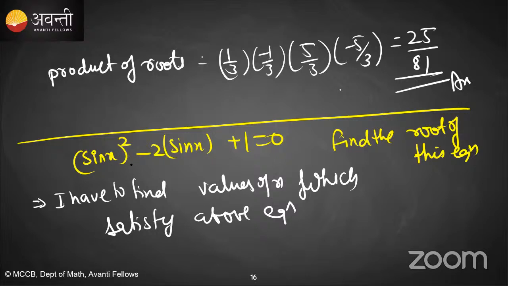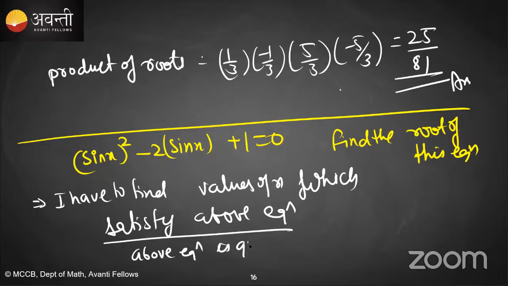Now you will tell me, sir, this is an equation of degree 2, so it is a quadratic. Yes, it is a quadratic equation, but it is quadratic in sin x, not in x. Right? So the above equation is quadratic in sin x, not in x. Is it clear?